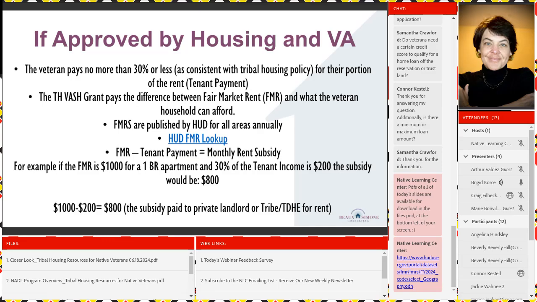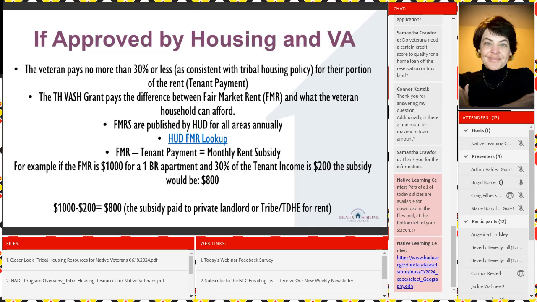So for example, if the FMR is $1,000 for a 1-bedroom apartment, 30% of income would be, well, it wouldn't be 200, it would be 300. So the tenant payment would be 300, and the subsidy would be 700.